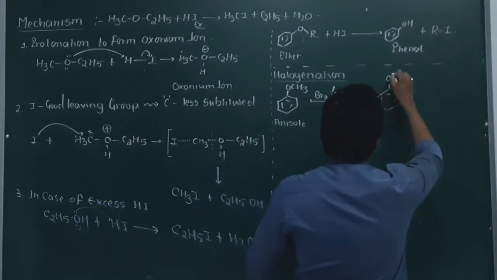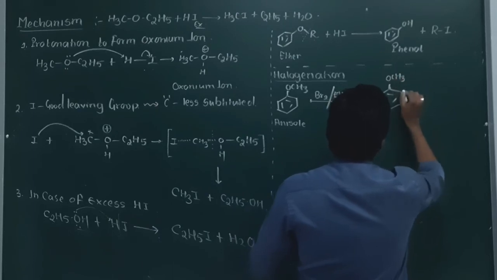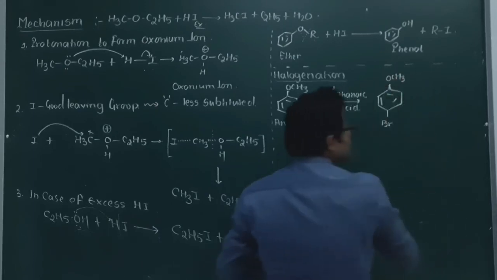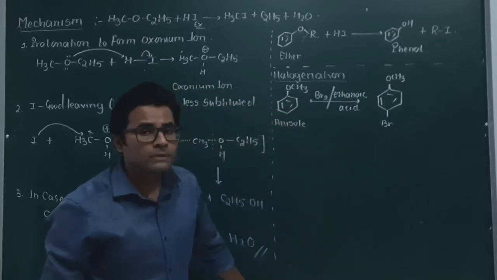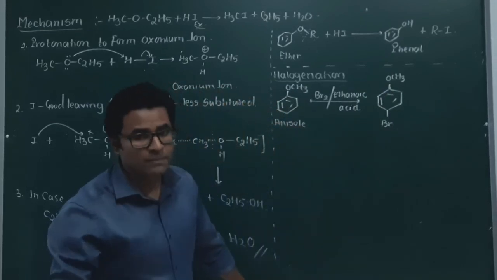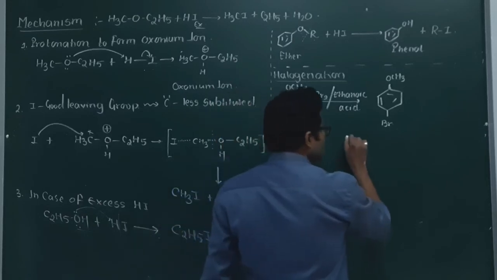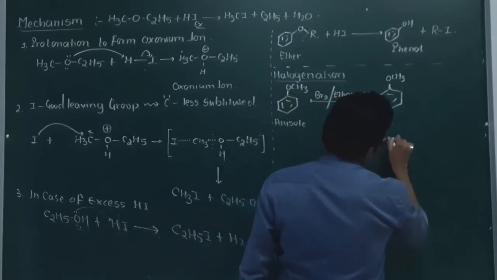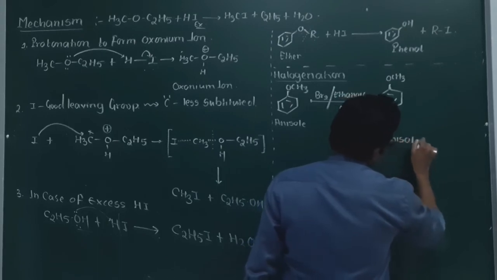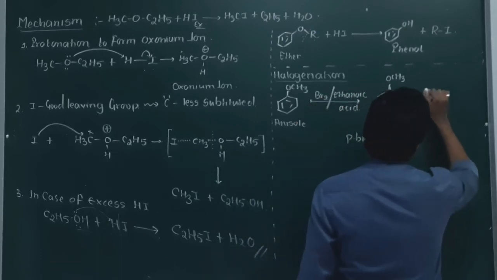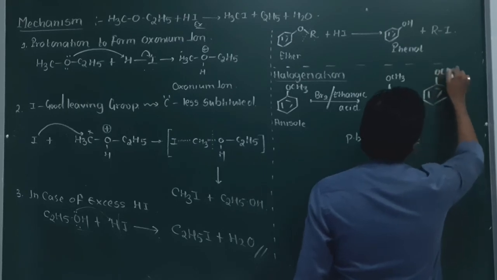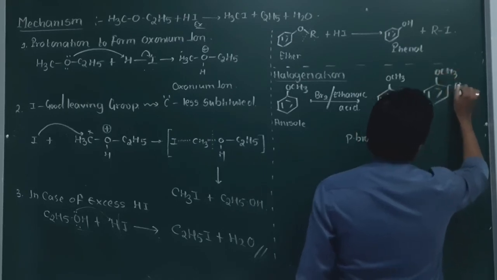So, OCH3, and here is where a bromine is going to get attached. This is at the para position, and therefore it is going to be the major product. Okay, so this is para bromo anisole plus OCH3 and Br over here.